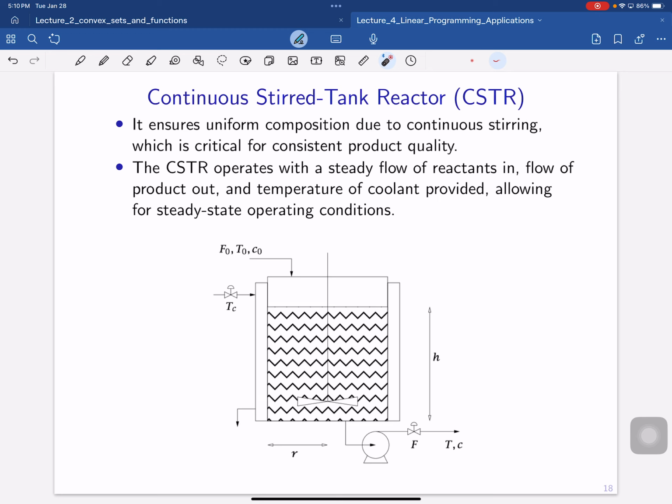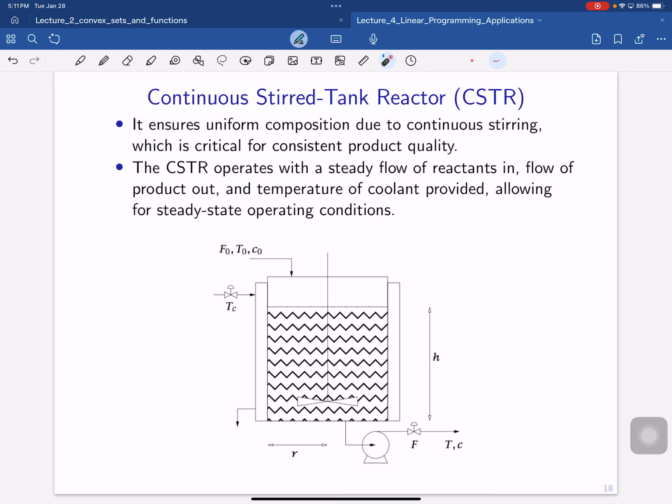Then after the reaction, you will have some product exiting the reactor. You denote the product as flow rate F, temperature T, concentration C. So what goes in, some products will go out. As you know, some chemical reactions may emit heat.